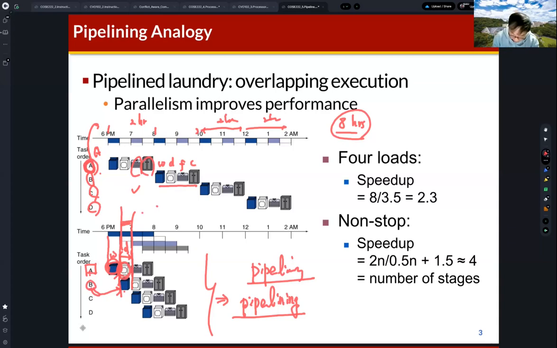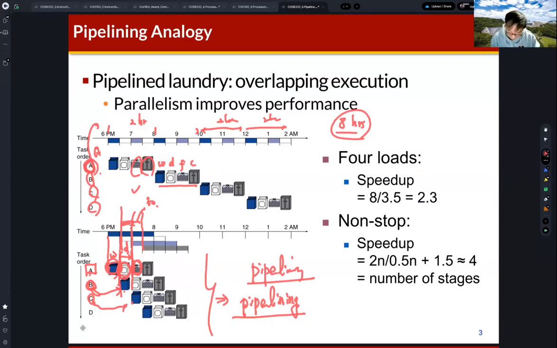How about the next time slot, the next 30 minutes? A is in the folding step, so we are folding our clothes, and task B is in the dryer, right? So a new task C can be assigned to the washing machine.